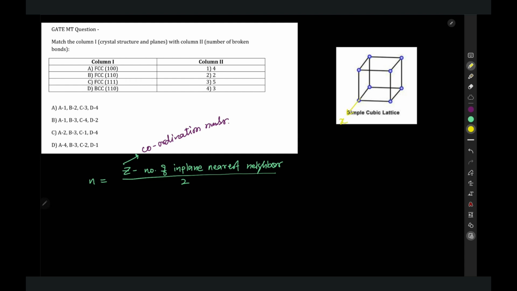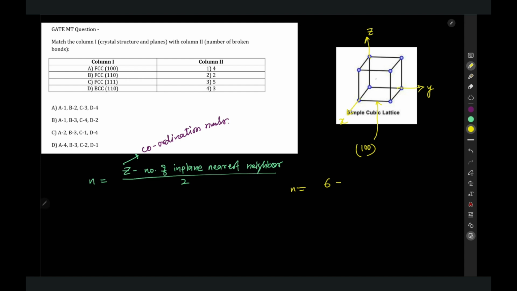Suppose that this is the X direction, this is the Y direction, this is the Z direction, and the first plane we want to calculate is the 100 plane of simple cubic. The number of broken bonds equals the coordination number of simple cubic, which is 6, minus the number of in-plane nearest neighbors.